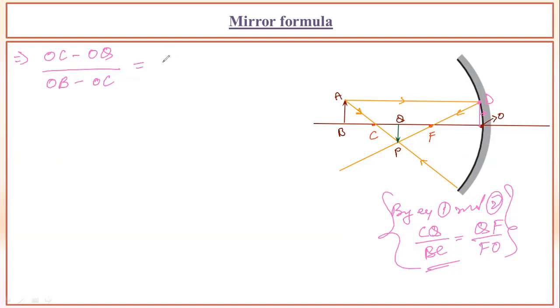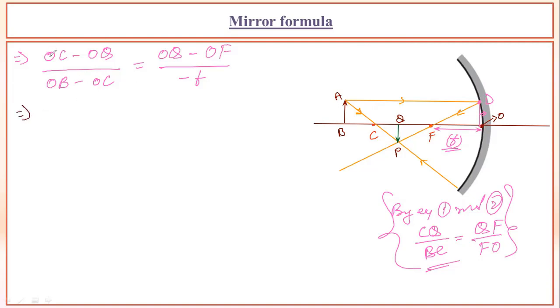So I will say that it is OQ minus OF, and then OF or FO, that I do have a sign convention for, because we had understood it's the focal length, which we had taken earlier. It is represented with the small letter f, and as it is a concave mirror, I'm going to take it as minus f. So I will put minus f over here, and that was from the sign convention.